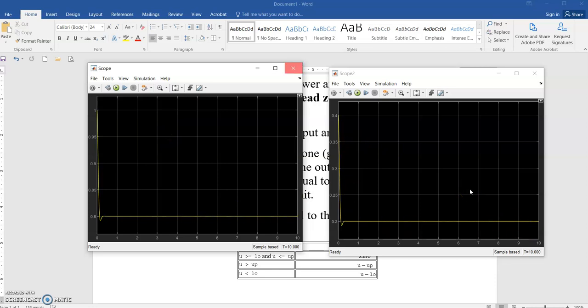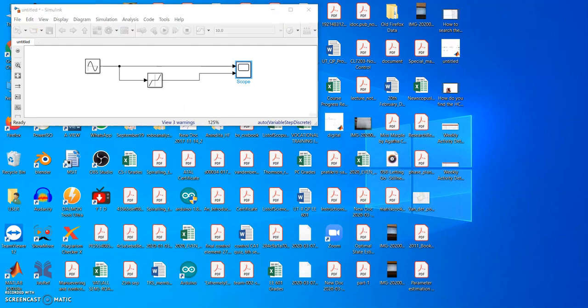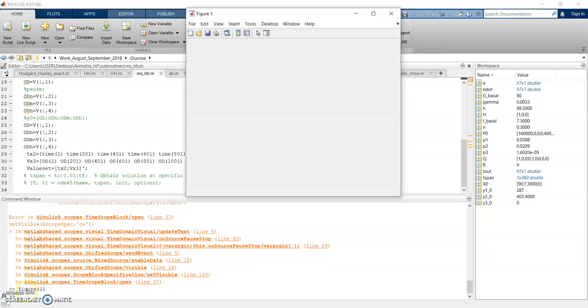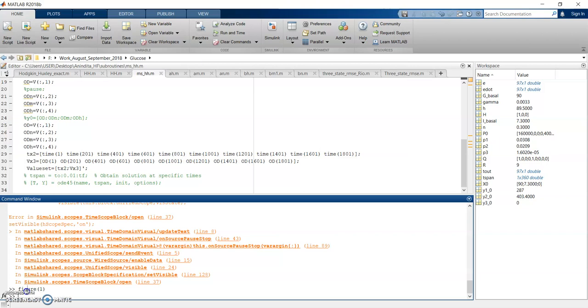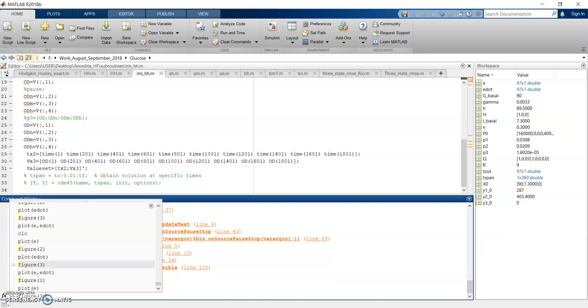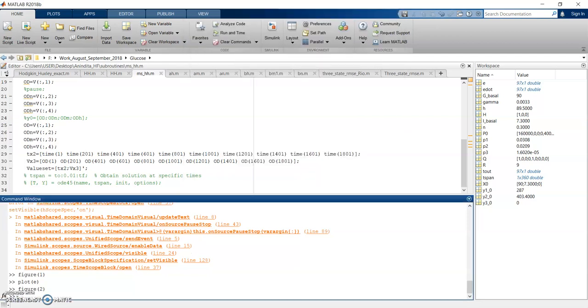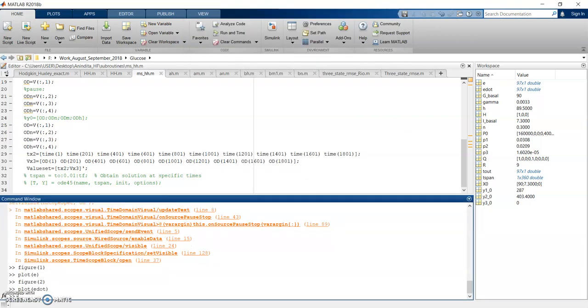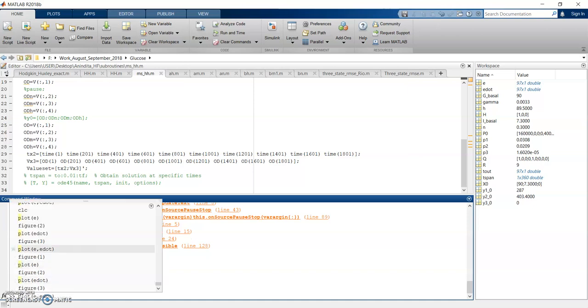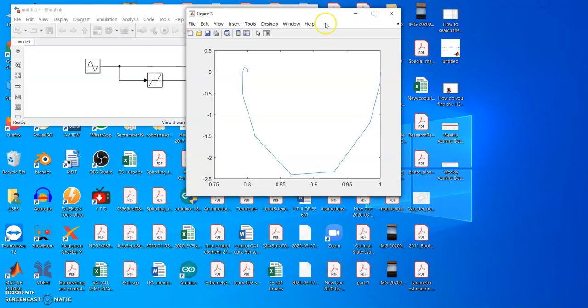Now, already we have simulated. So moving quickly to the figure plot. So first one should be our error plot. Figure 2 should have error dot plot, and the last figure is the phase plane plot, that is error versus error dot plot.